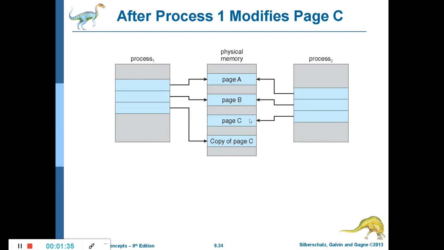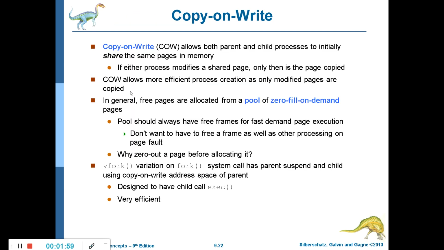You can see here, if process A, that is the parent process, modifies page C, then a copy of page C is created here. After that, process A, that is process 1, the parent process, starts using the copy of page C. However, process 2 still uses the original page C itself.